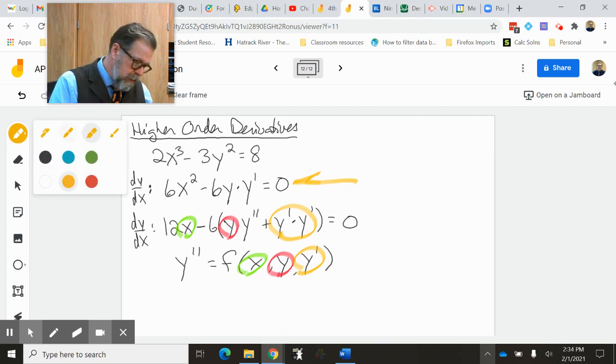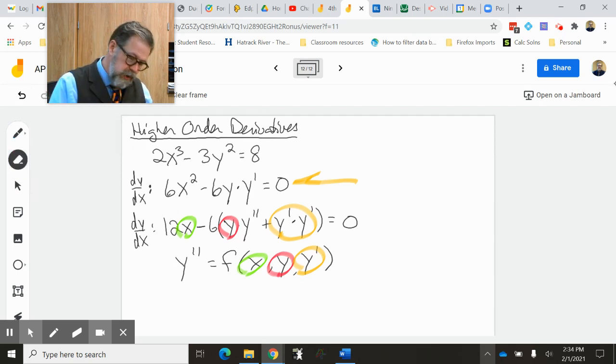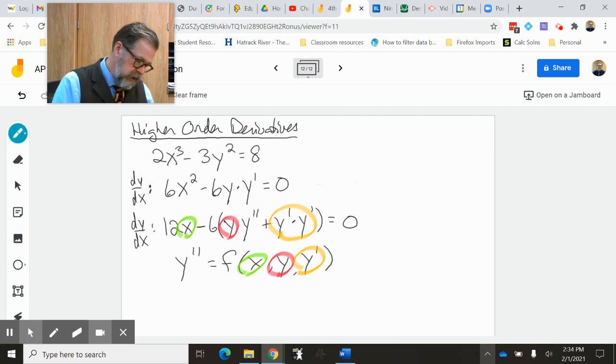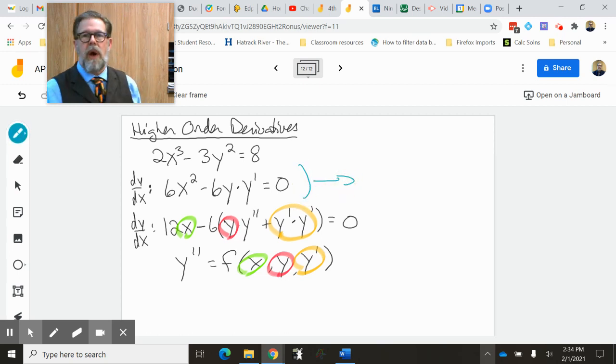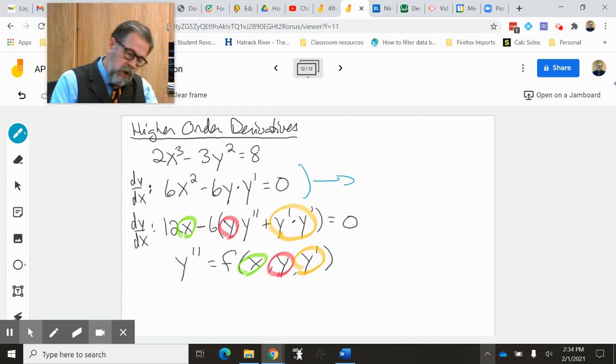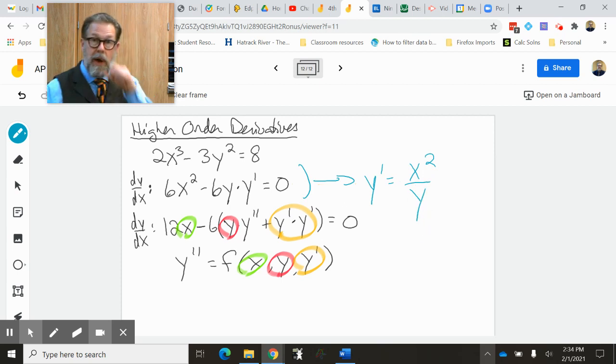So what I am going to do instead is, at this point in the problem, I'm going to veer off and solve for the first derivative. And what I get is that the first derivative is x squared divided by y.